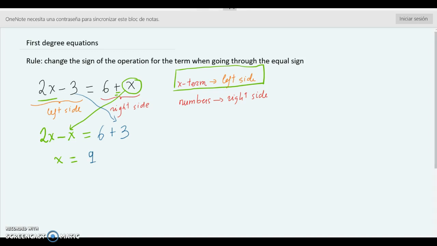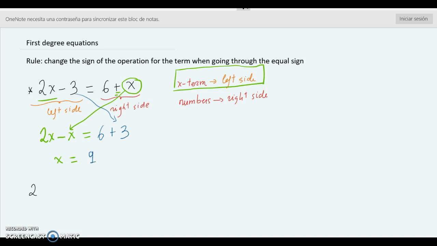This is the solution, and I can check the solution in the original equation. So I go here. Okay, this is the check of the operation. We are going to test that the solution is right.